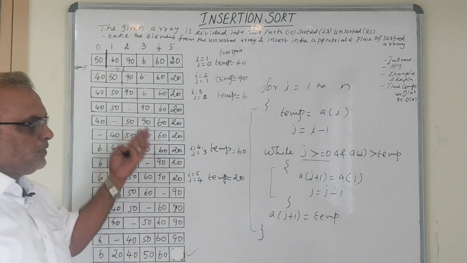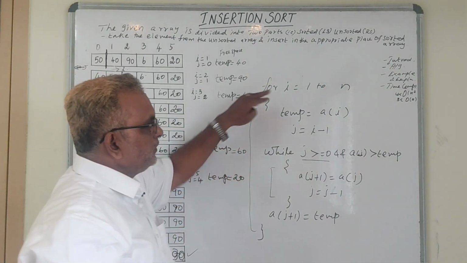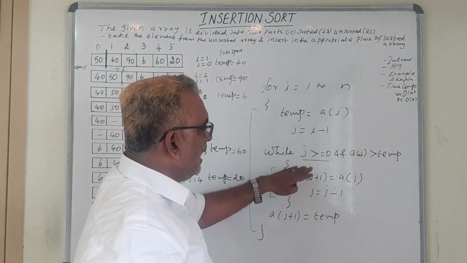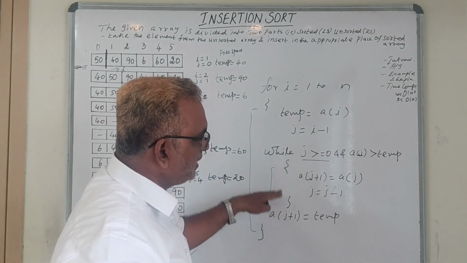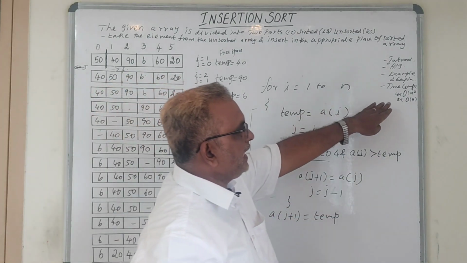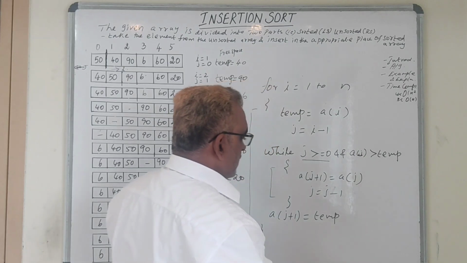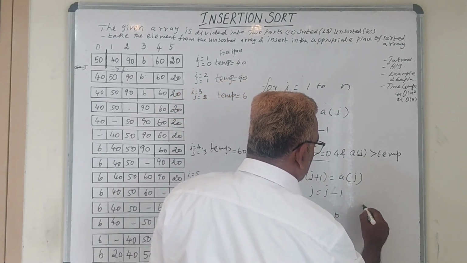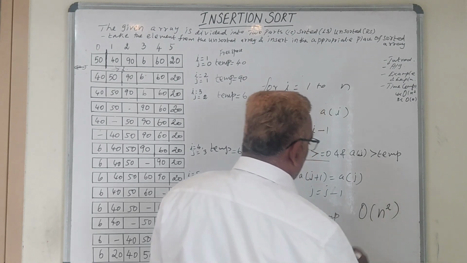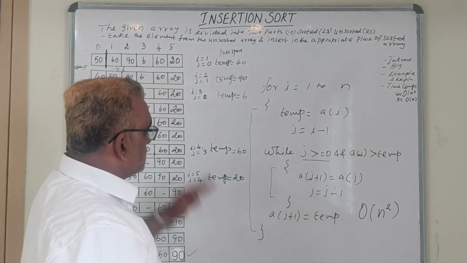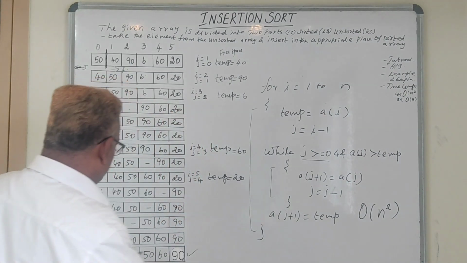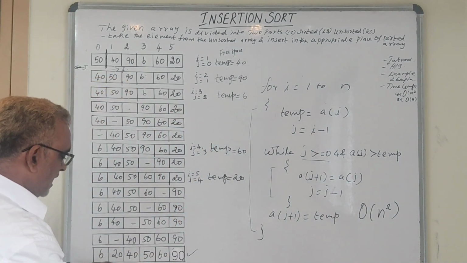As far as time complexity is concerned in this algorithm, we are performing the outer loop n number of times, and similarly the inner loop n minus 1 number of times. In the worst case, the time complexity is order of n square. Suppose we consider the best case, where the given numbers are in ascending order.